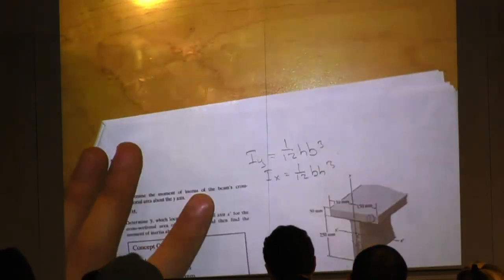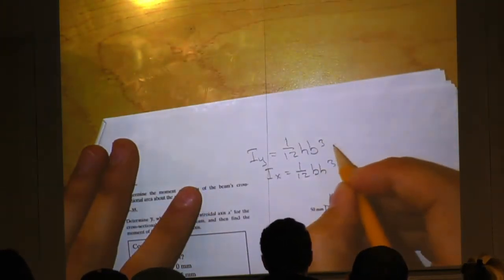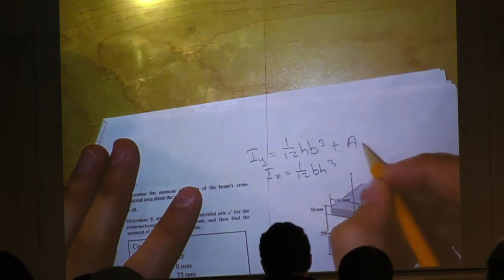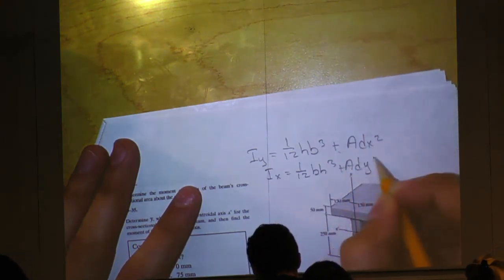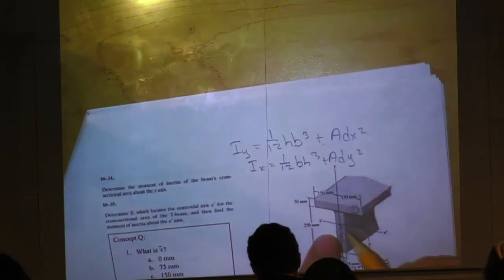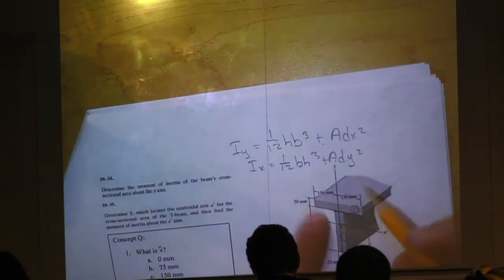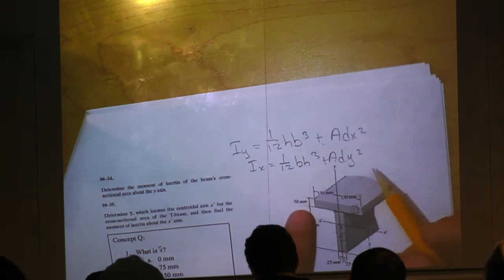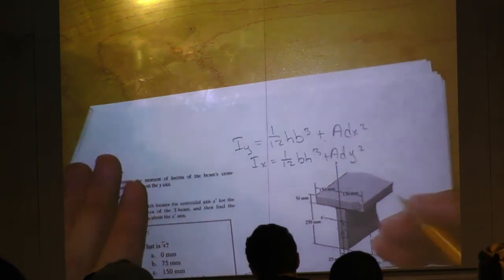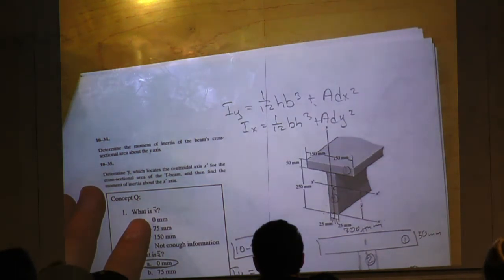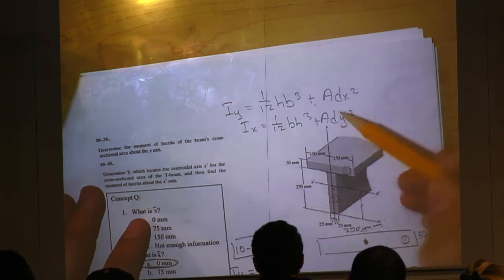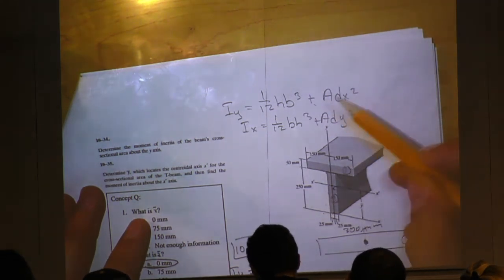Another important part added onto this is A d_x squared plus A d_y squared, used if the centroid of your shape is not along the axis. In this case, the centroids of our shapes are right in the middle, because we're dealing with rectangles, and they lie along the y-axis, so I don't have to include that term.